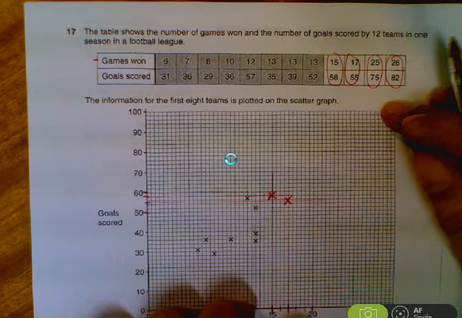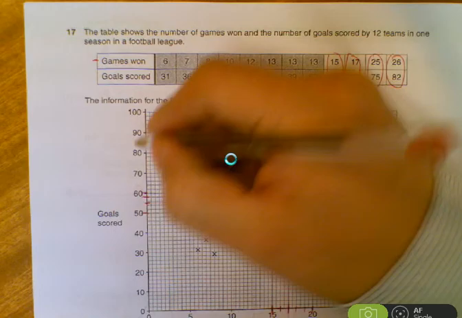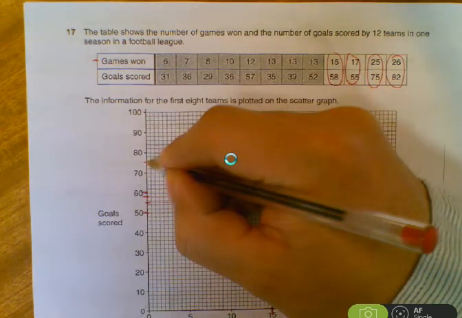Next one is 25 and 75. So 25 there, 75 is halfway between 70 and 80.